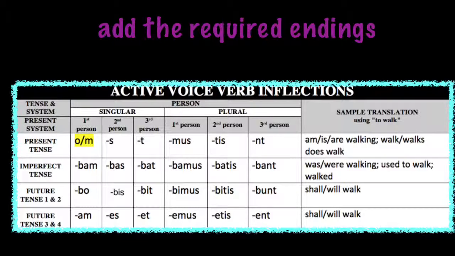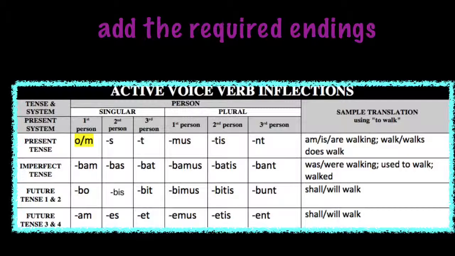Also note that on the chart you have two future tense lines. Future tense 1 and 2 endings are to be used only on first and second conjugation verbs. Future tense 3 and 4 endings are to be used only on third and fourth conjugation verbs.